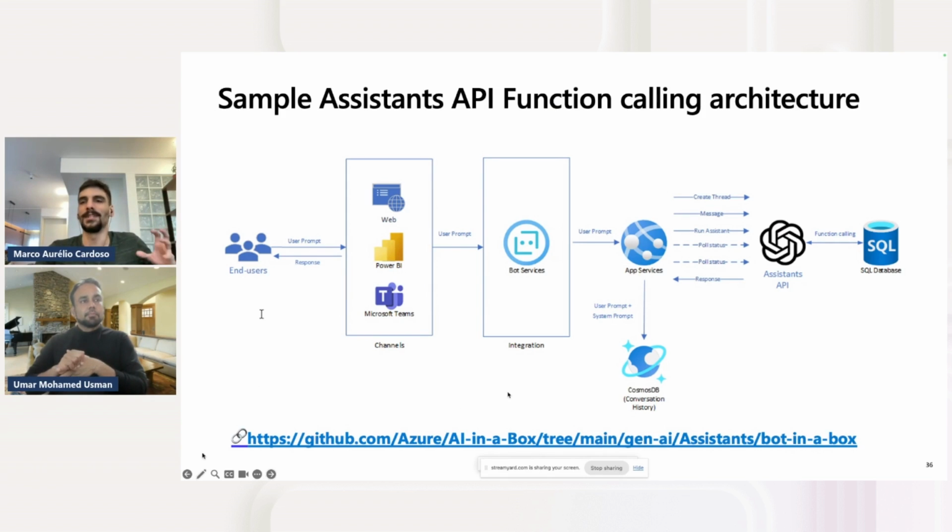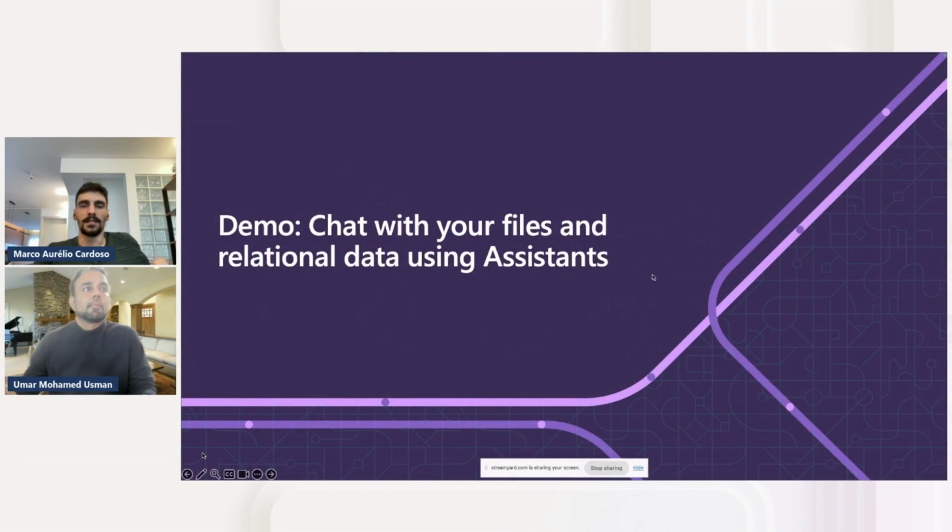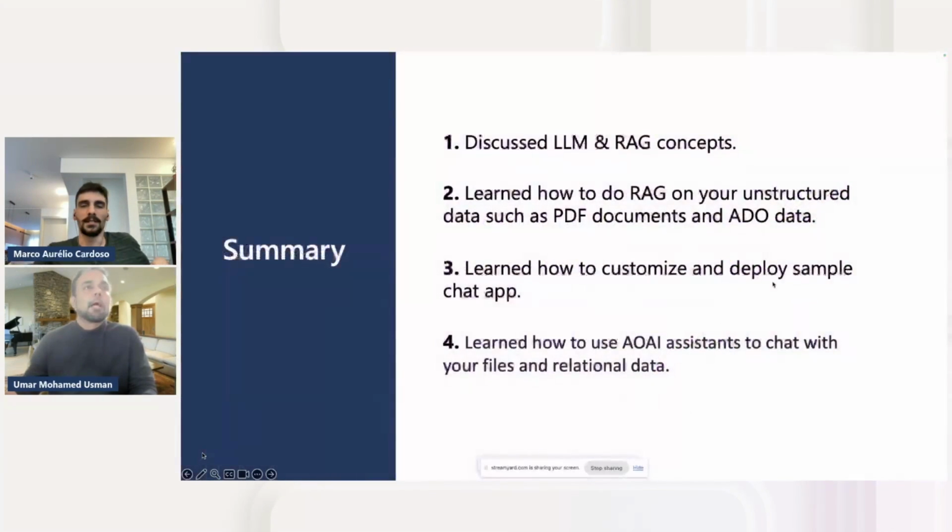It's super interesting, with a lot of cool samples from some of our engineers in FastTrack. This is one of the most popular use cases: integrating this Azure OpenAI chat with your data type of experience with Microsoft Teams and other channels. So that was the demo I was just showing.